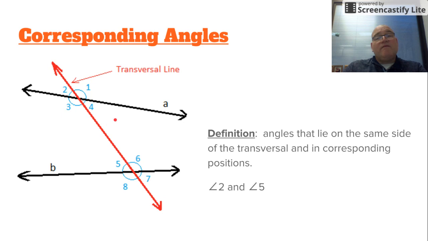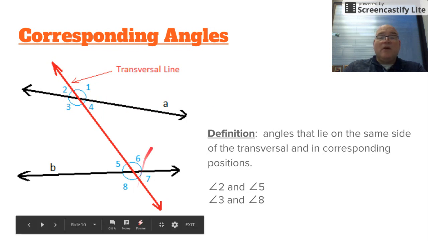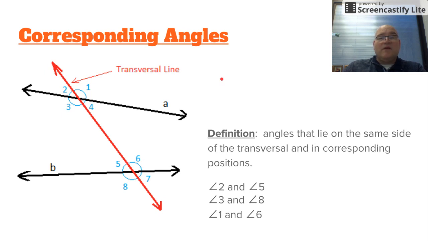If you were thinking 2 and 5, you're correct. 2 and 5 both lie on the left-hand side of the red transversal, and they lie above the coplanar lines. What other angles would be corresponding angles? Three and 8, left of the transversal, below the coplanar lines. 1 and 6, also 4 and 7. Same position, same side of the transversal, and in corresponding positions.